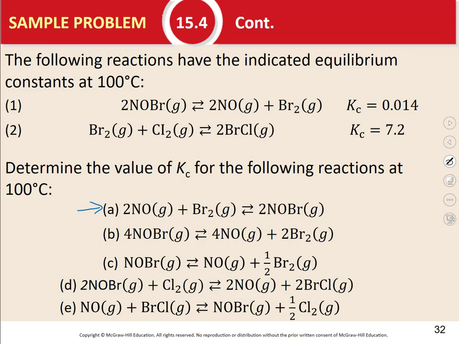Which equation, 1 or 2, did equation A come from? 1. How was equation 1 altered to make equation A? Reverse. So this is the reverse of number 1. If it's the reverse of number 1, how are we going to find its K value?